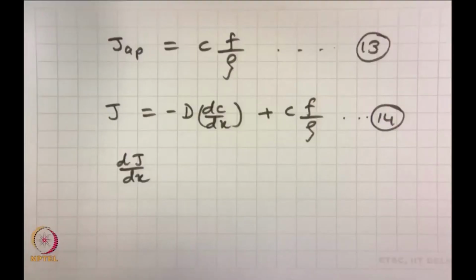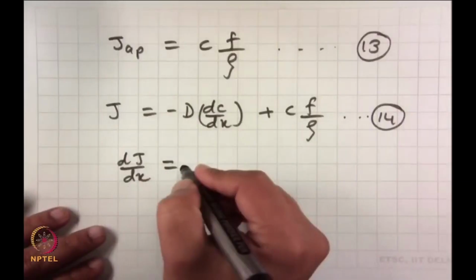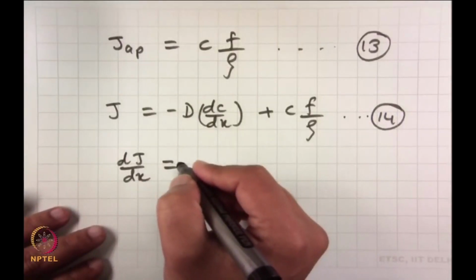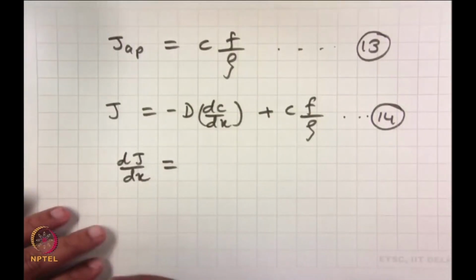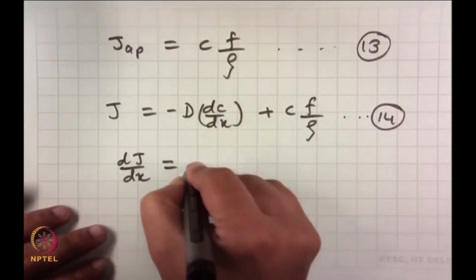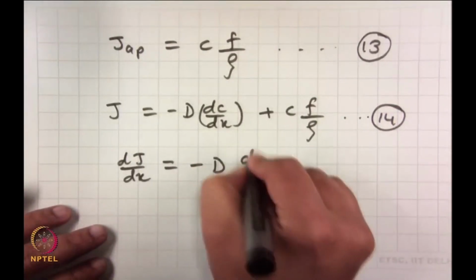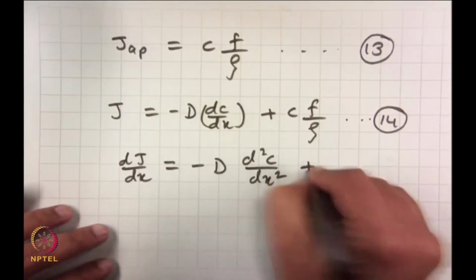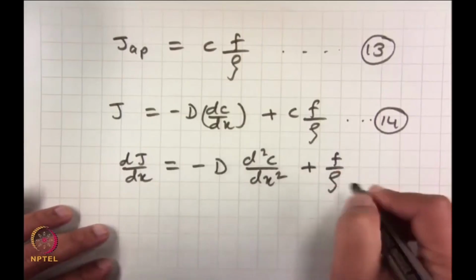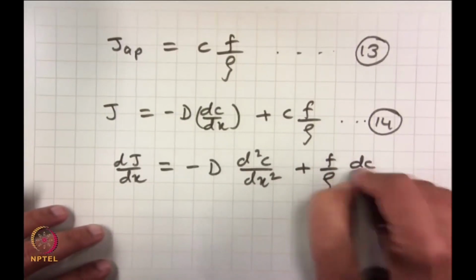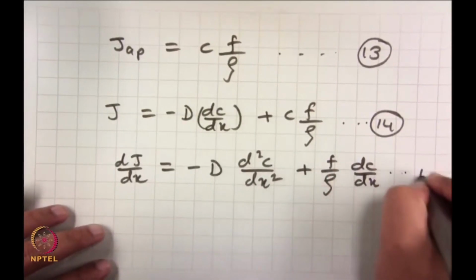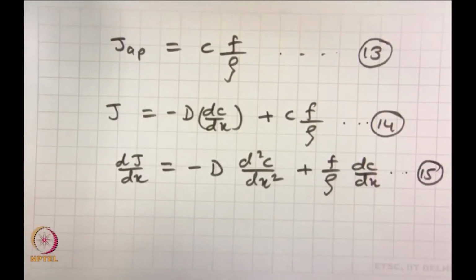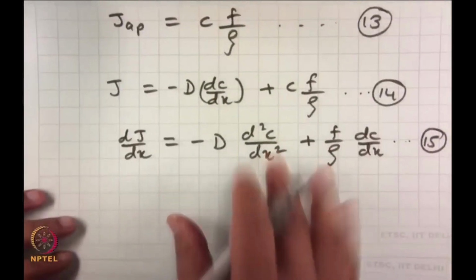So, if I do that here, and remember I am assuming that D is independent of x, which was our assumption when we derived Fick's second law, then I can write this as minus D, d²c/dx² plus f/ξ, then dc/dx. Just a simple differentiation with respect to x.